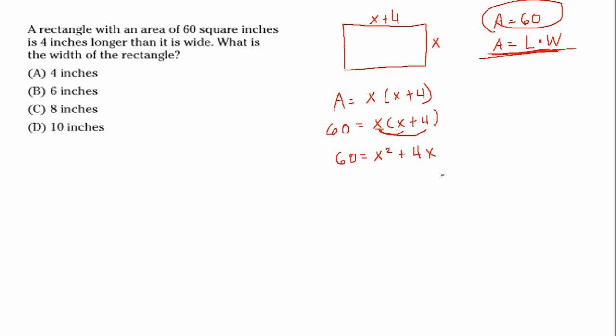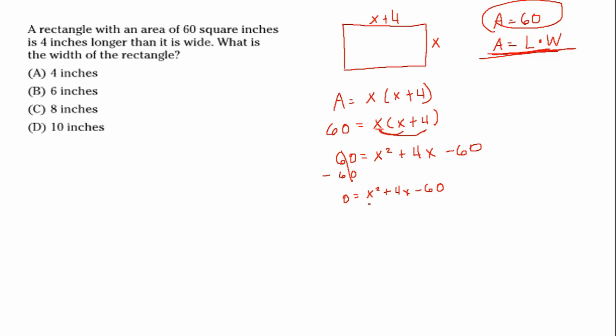Okay, now we have a quadratic equation. The only way to solve these is via the quadratic formula, graphing, or factoring. The quickest way, as I'm sure you know, is by factoring. So to get it set up to factor, I have to move this 60 over here, so I'm going to have to subtract it from both sides. 60 minus 60 is 0, and we just subtracted it off the end here, so we're left with 0 equals x squared plus 4x minus 60.